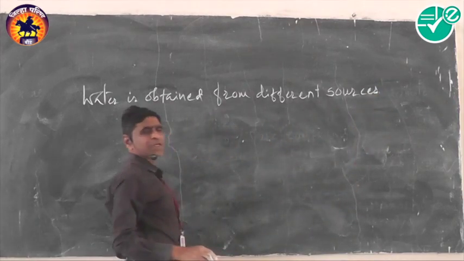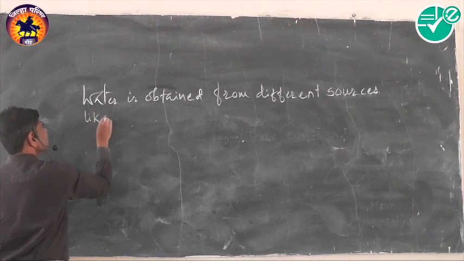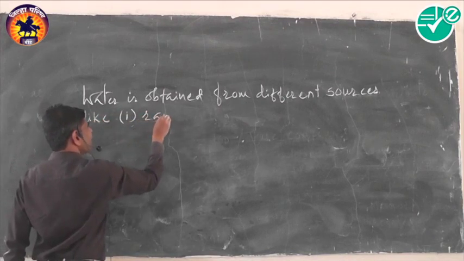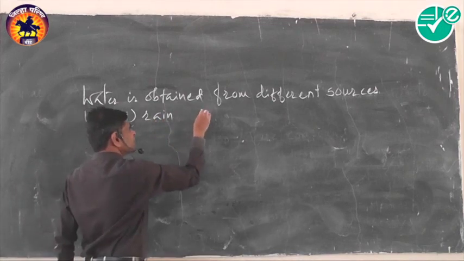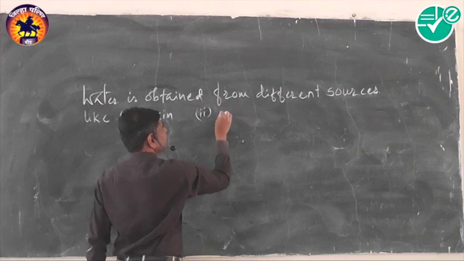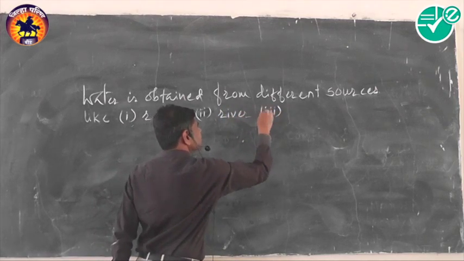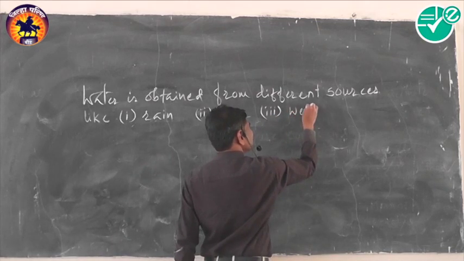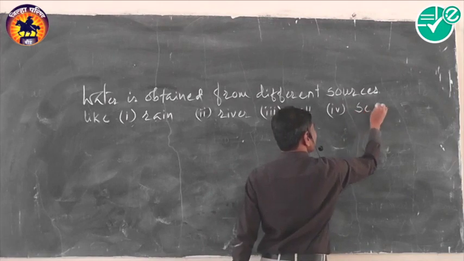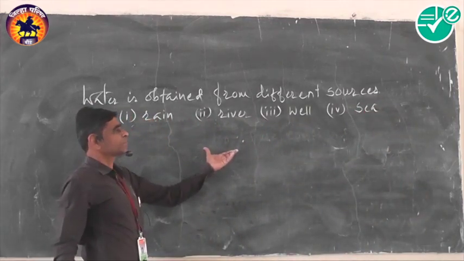So what are the different sources of water? The first source of water is rain. The second source of water is river. The third source of water is well. The fourth source of water is sea. You know that water is obtained from different sources.